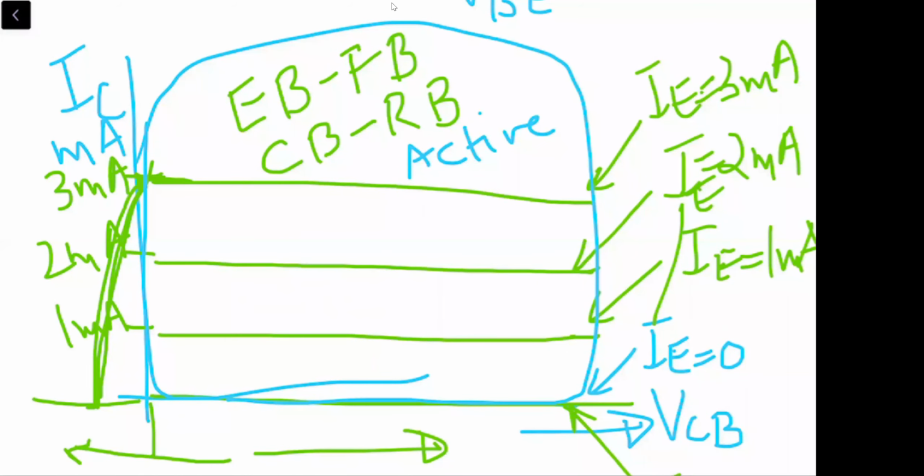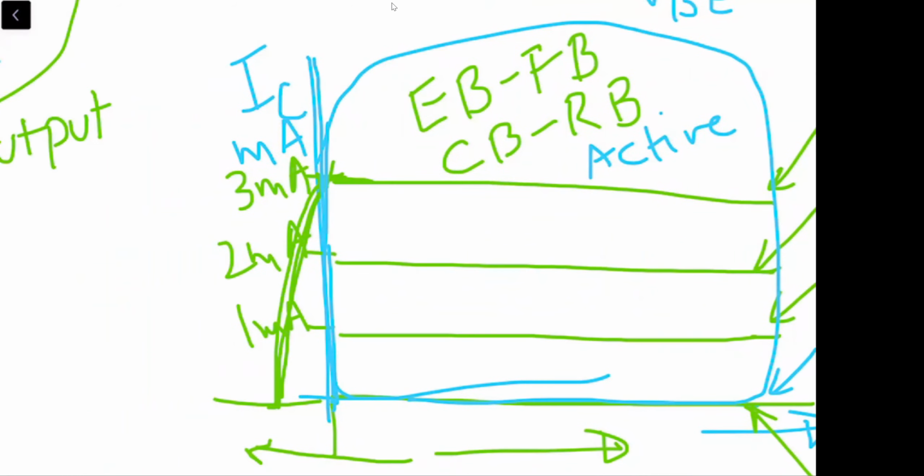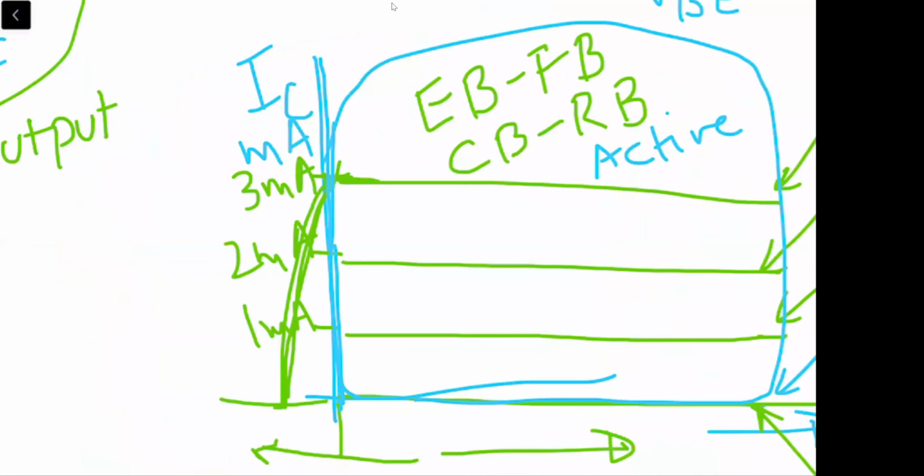Now if you see, when we move in the horizontal direction after this axis, the collector-base junction is no more reverse biased. After this axis, the collector-base junction becomes forward biased, right? And once the collector-base junction becomes forward biased, we come into another region of this curve, which is over here.